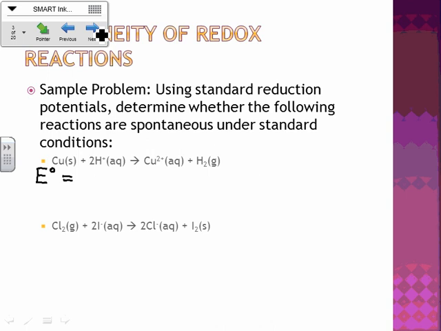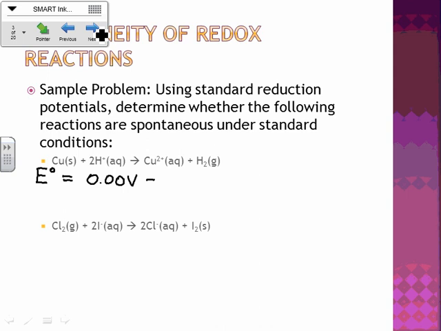What we need to do is figure out which one is the oxidation and which one's the reduction here. What's the reduction process? Because that's the one that has to come first. Which one's being reduced the way that the equation is written here? The hydrogen, right? If we look on our chart, or just remember, the reduction of hydrogen is 0 volts. That's the standard. 0.00. Minus the reduction potential of the oxidation process, which is the copper going to copper 2 plus.